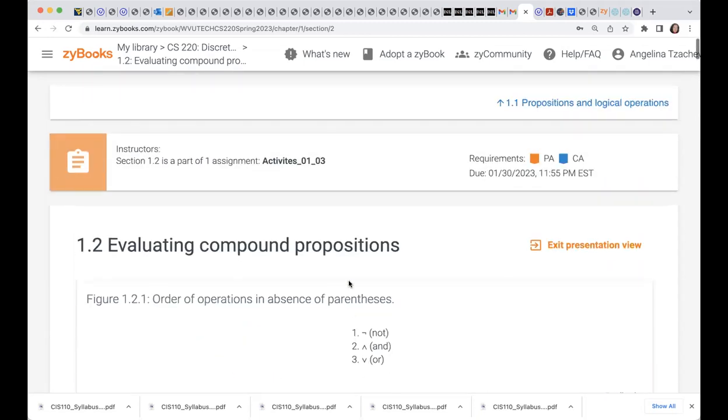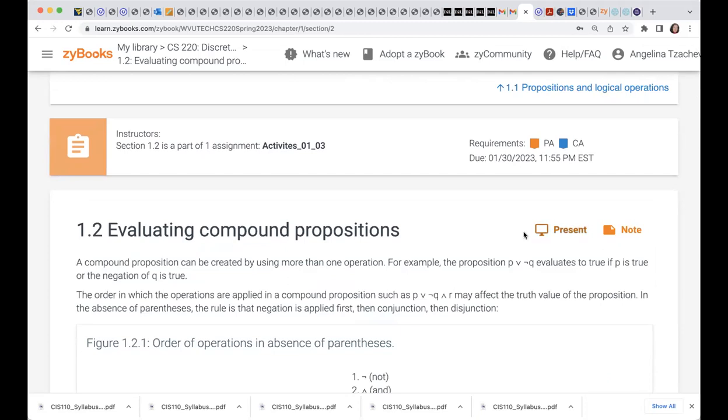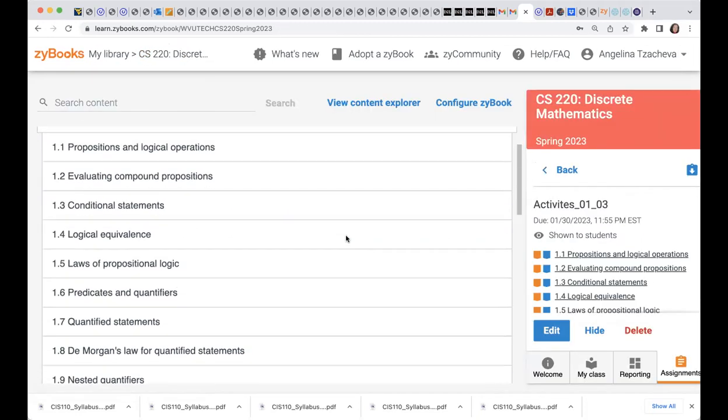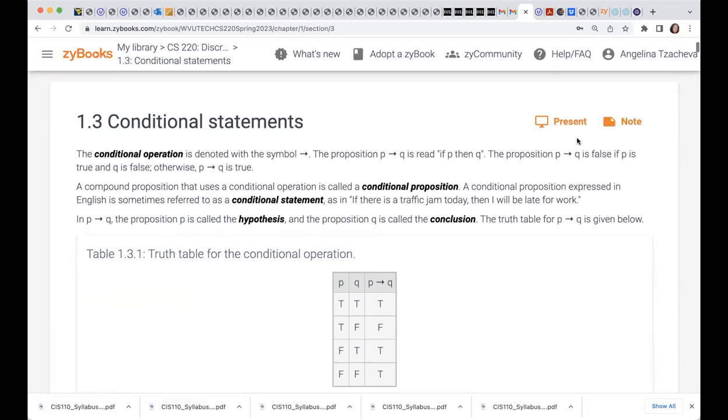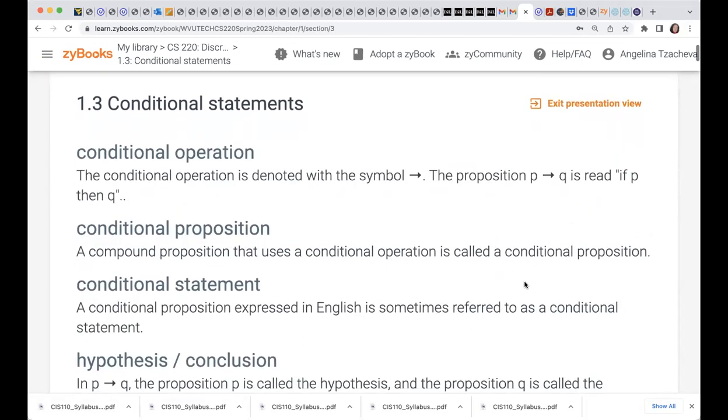Okay. So let's look at the next subject. These are also very important because conditional statements are used in data analysis. Big data and data analytics, including machine learning algorithms, will be using those conditional operations.